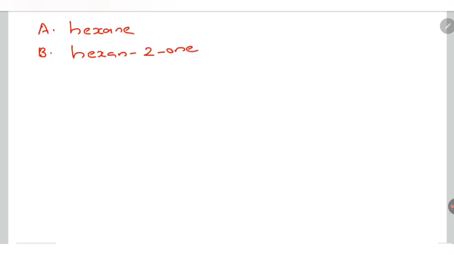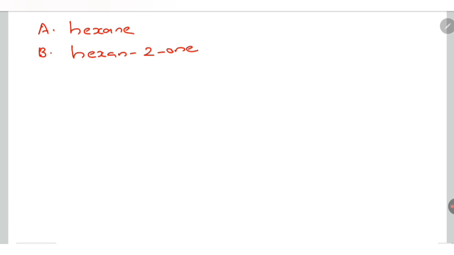Let's check. So we are going to write in point forms. In the first case you must first identify what type of intermolecular force they have. Then you talk about their strength, which one has stronger intermolecular force. Then we are going to talk about the energy, right?